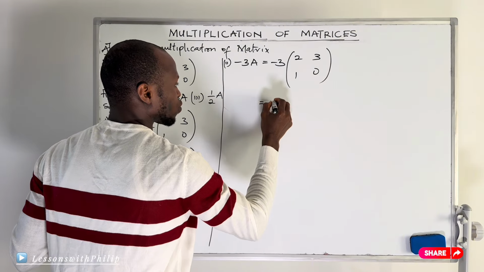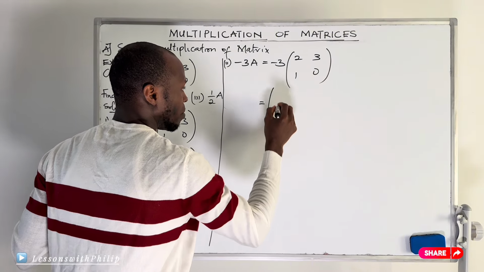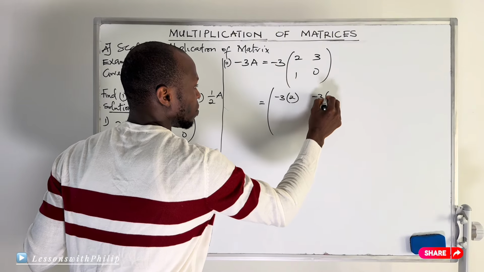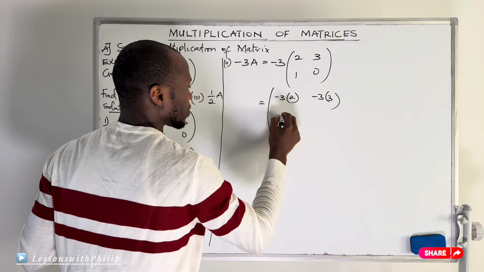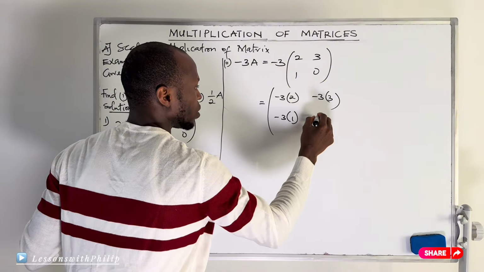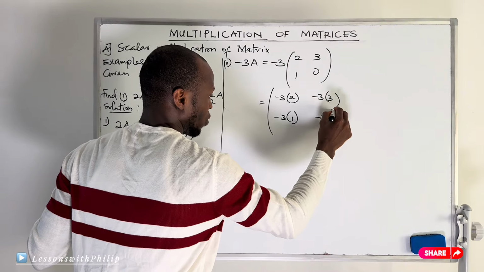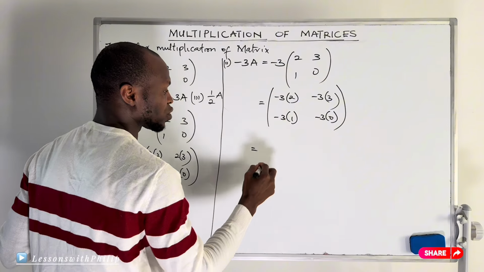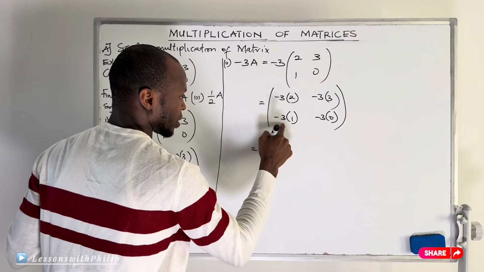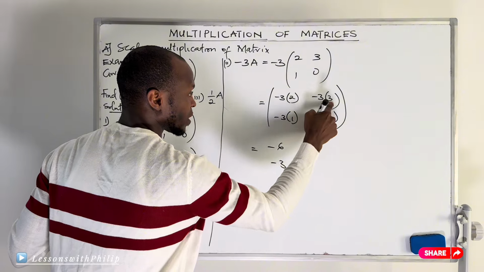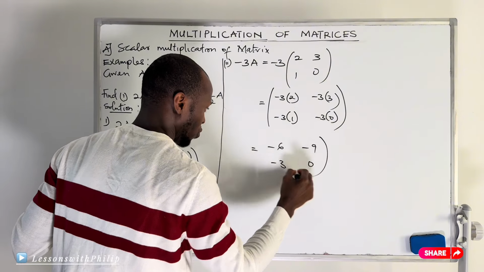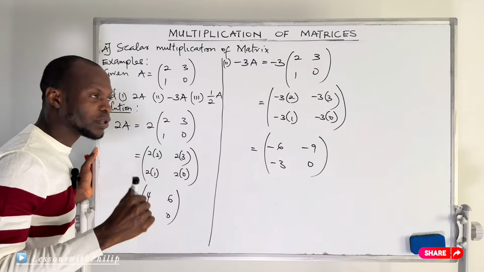And that will be equal to minus 3 multiplying 2, minus 3 multiplying 3, minus 3 multiplying 1, minus 3 multiplying 0. Okay? So this will give us minus 3 times 2 will give us minus 6. Minus 3 times 1 will give us minus 3. Minus 3 times 3 will give us minus 9. Minus 3 times 0 will give us 0. Okay? Are you following? Perfect.